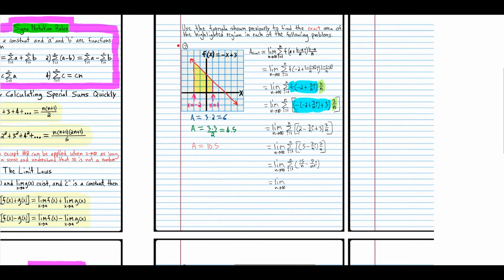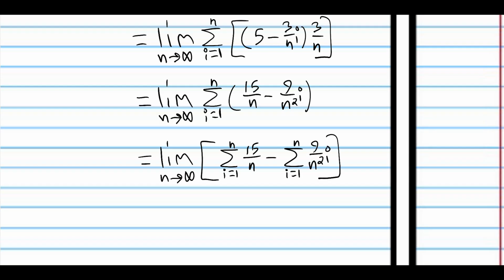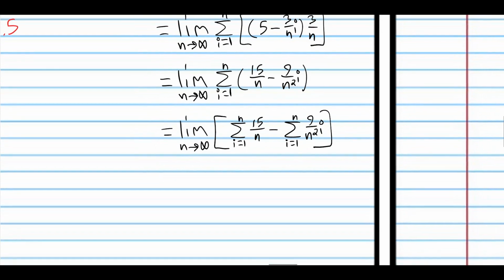So we can distribute that sigma symbol to both of those terms. So there you go, that was sigma rule number 2.